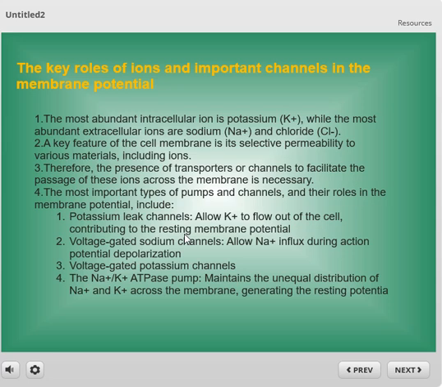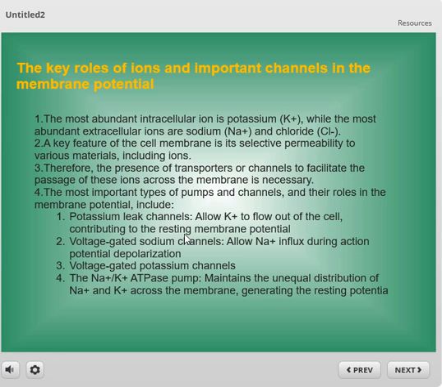And the chloride channel can also contribute to the resting membrane potential, depending on the cell type. For example, in the CNS, the chloride has no role in the resting membrane potential.